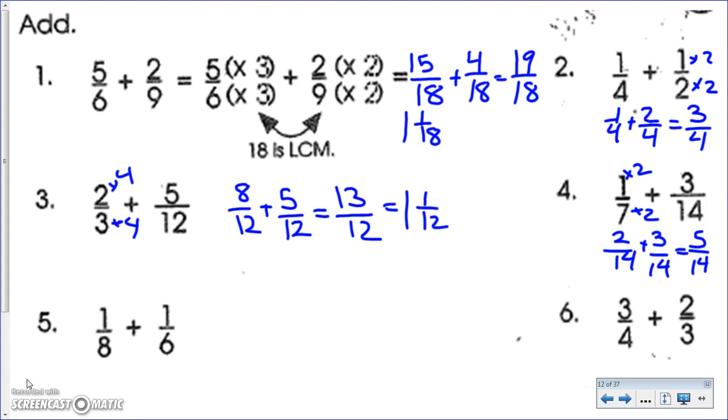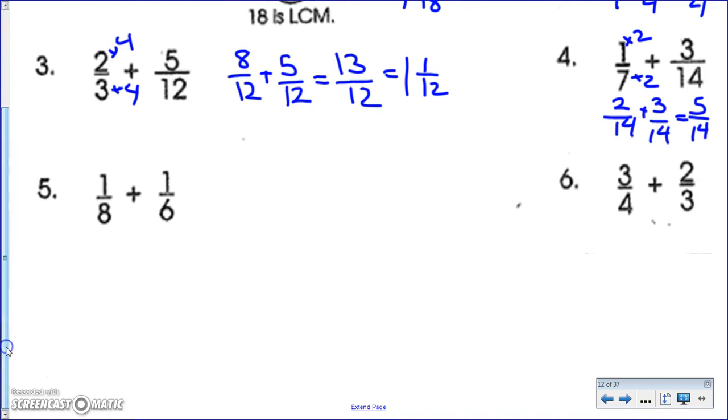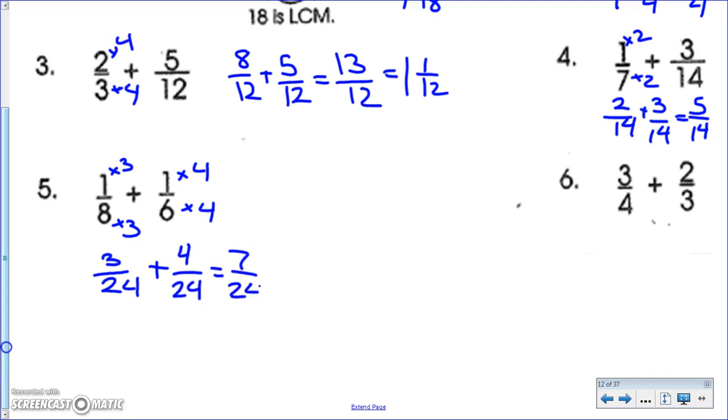So we're going to multiply the 1/8 by 3. Then we're going to multiply the 1/6, the numerator and the denominator, by 4. At that point, since we have a common denominator, we just add 3/24 plus 4/24 equals 7/24.